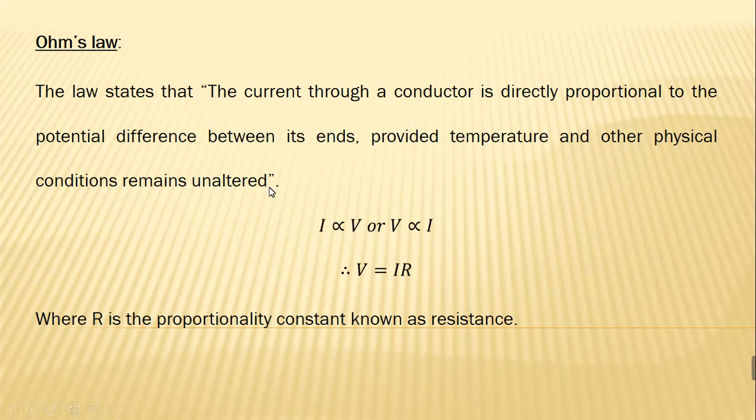Mathematically, Ohm's law can be expressed as V = IR, where R is the proportionality constant known as the resistance of a given conductor.